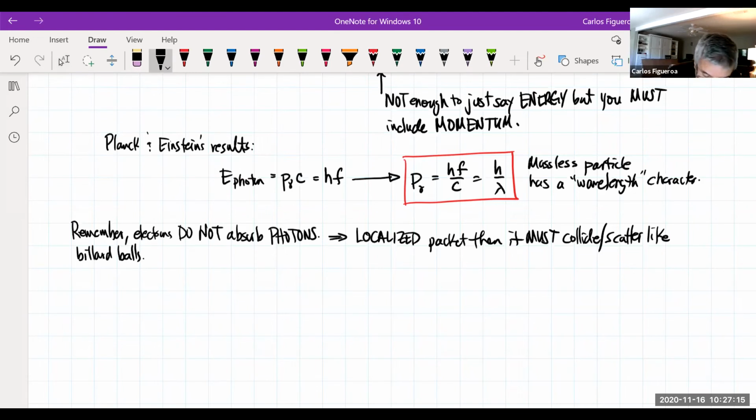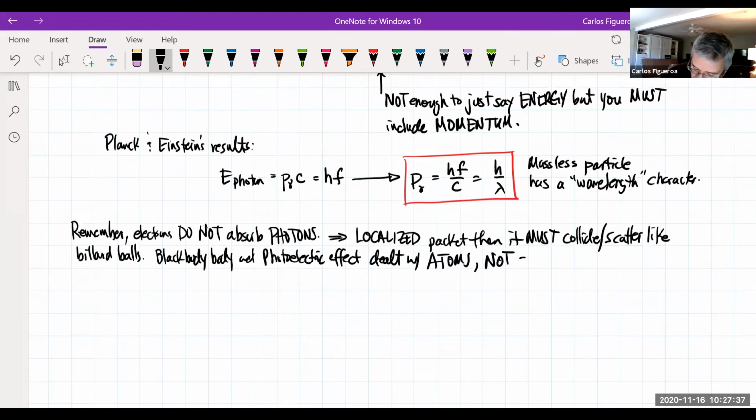So the black body and photoelectric effect dealt with atoms, not single electrons. And the question is why? They didn't have the technology. The technology couldn't get below atomic structure.